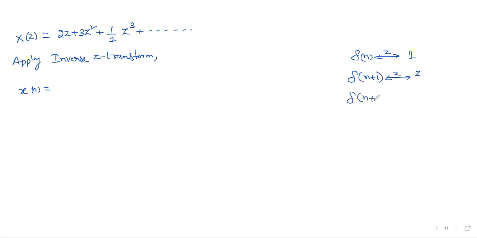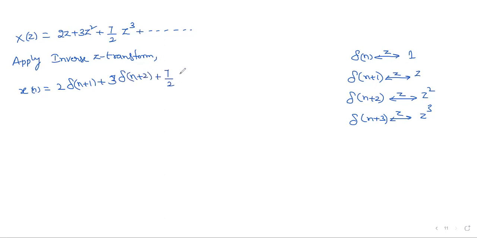Del of n plus 2, what is the z transform? Z square. Del of n plus 3, z cube, and so on. So 2 into z is there, that means 2 times del of n plus 1, plus 3 times del of n plus 2, plus 7 by 2 times del of n plus 3, and so on and so on.